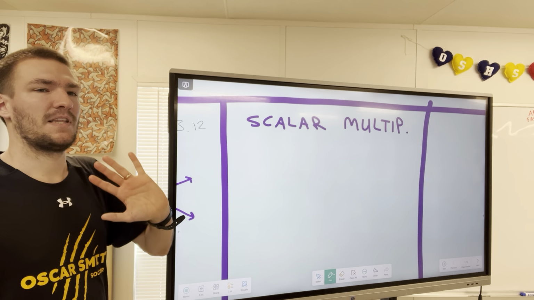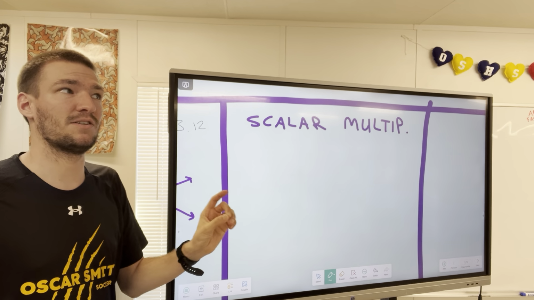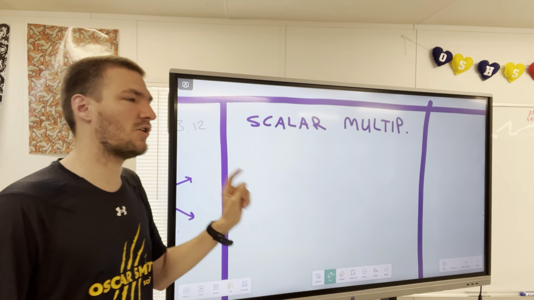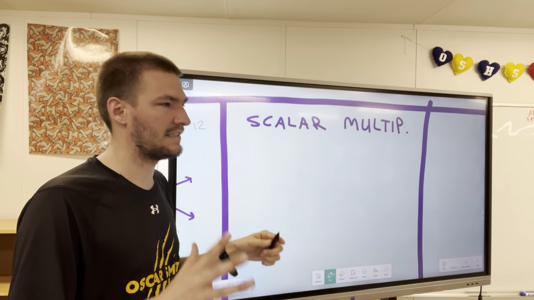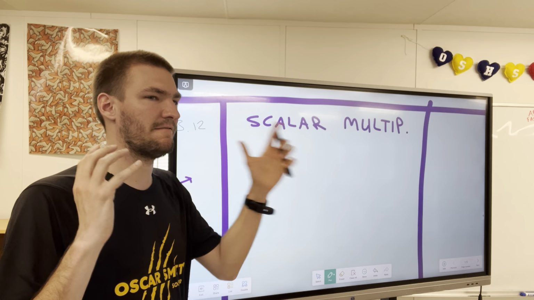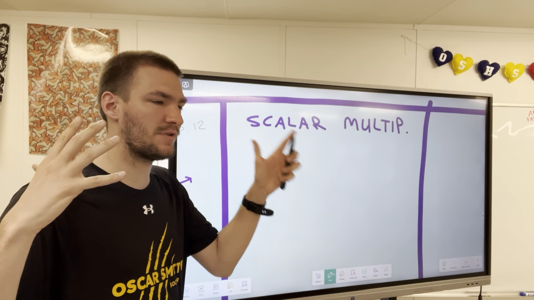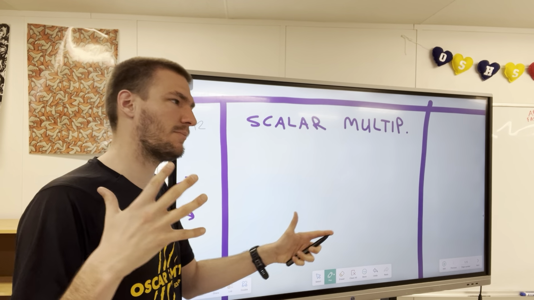So, this is a fancy type of multiplication, but it's also a very easy type of multiplication. We have to call it scalar because this is not a vector times a vector. If we tried to multiply a vector times a vector, that would be two things with distances and two things with directions. That would get a little complicated.